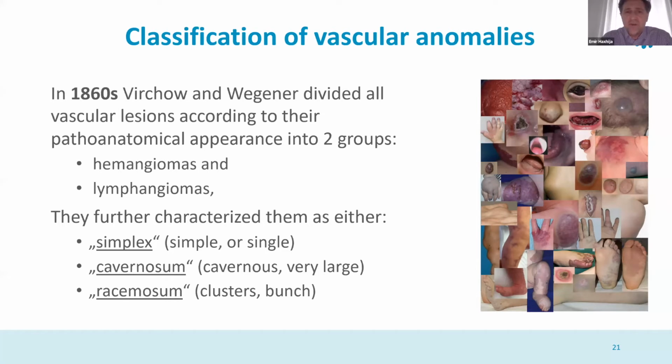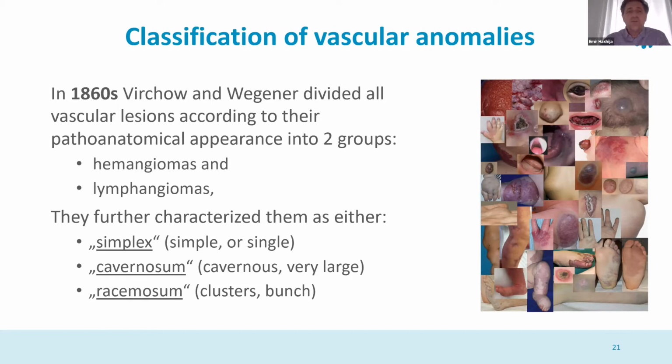They also characterized vascular lesions into simple ones, the simplex, the cavernous ones, like the very large cavernous type, and the racemosum, which would be vascular lesions in clusters or in bunches, which everyone who deals with vascular anomalies today knows is appropriate for many patients.